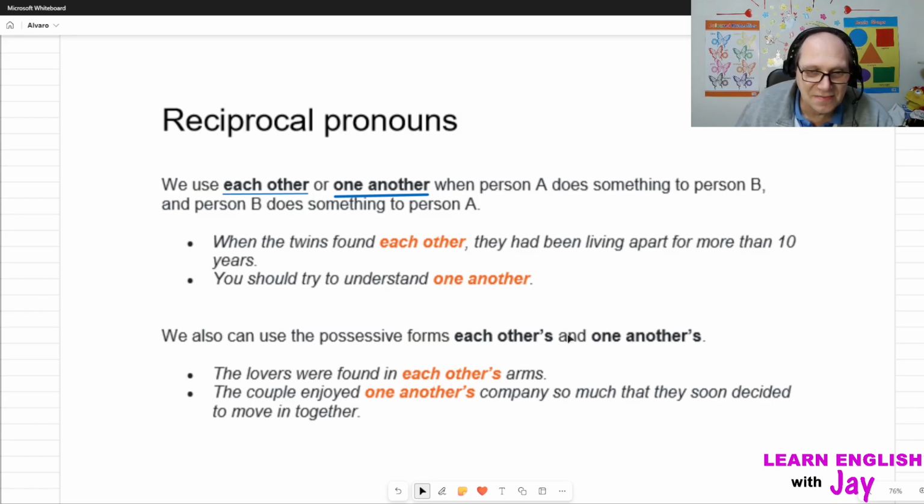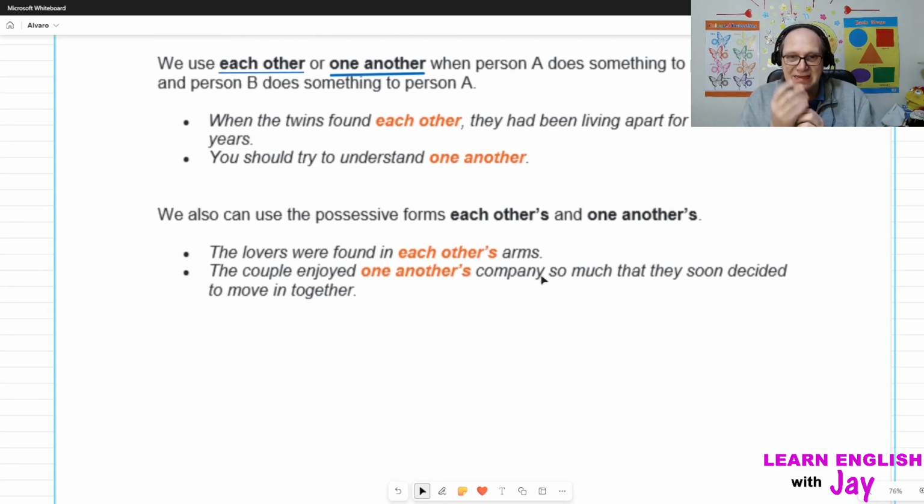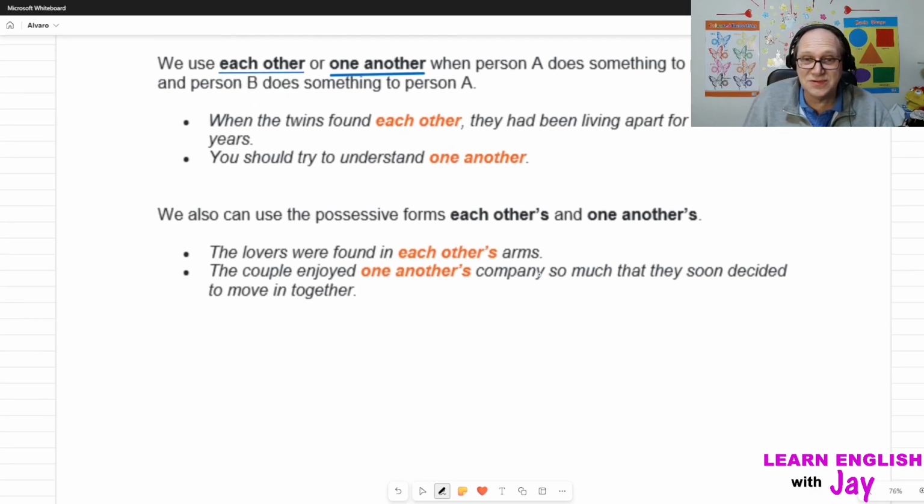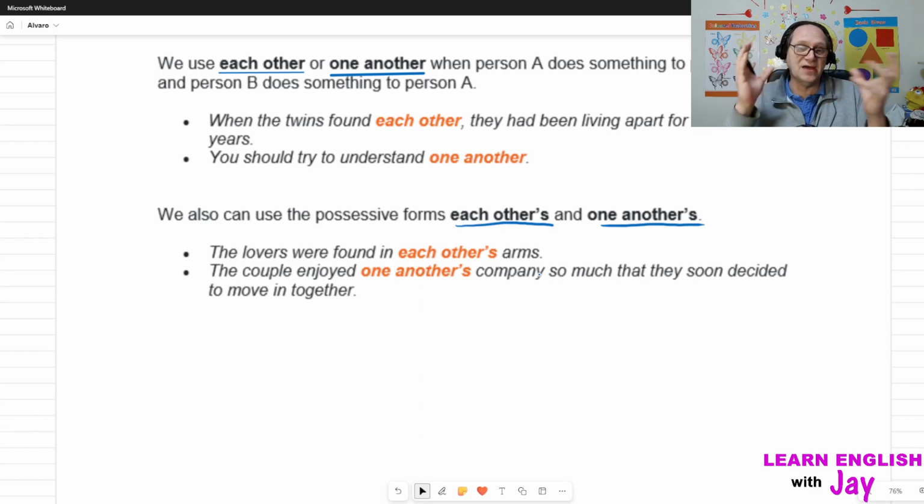With reciprocal pronouns, we can use the possessor forms, which will be each other's or one another's. The lovers were found in each other's arms.